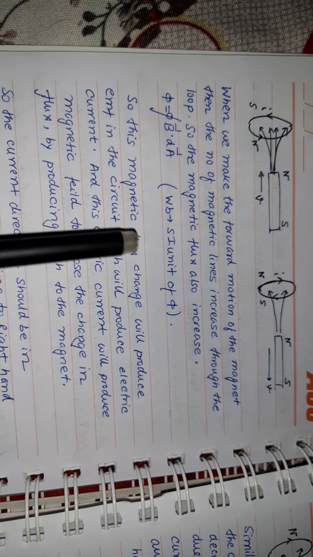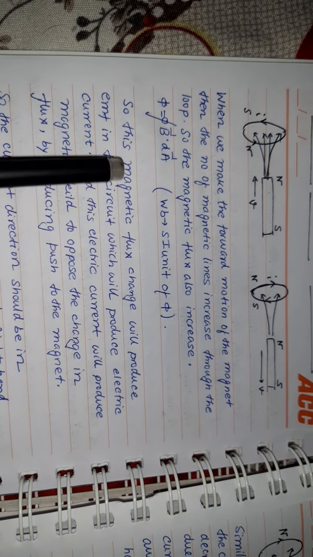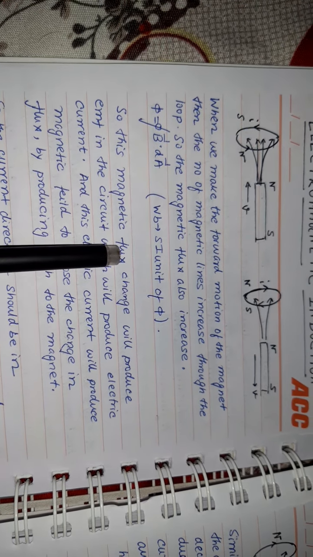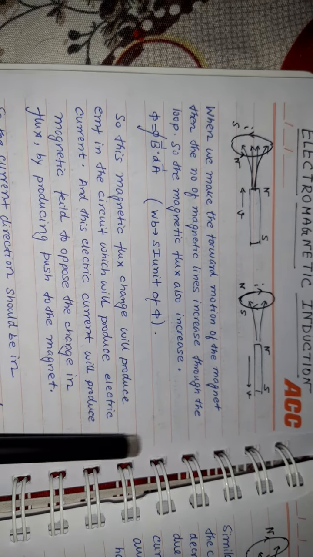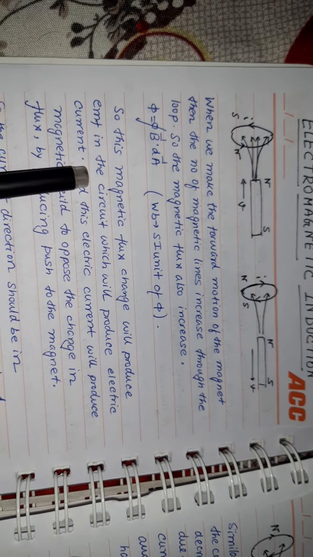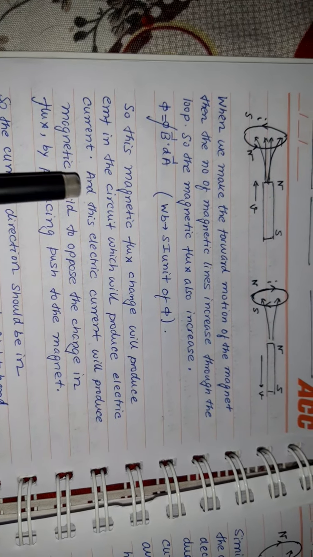Now this is important, because if we are changing the magnetic flux, then this will produce an EMF, and this EMF in the circuit will produce electric current. And this electric current will produce a magnetic field.